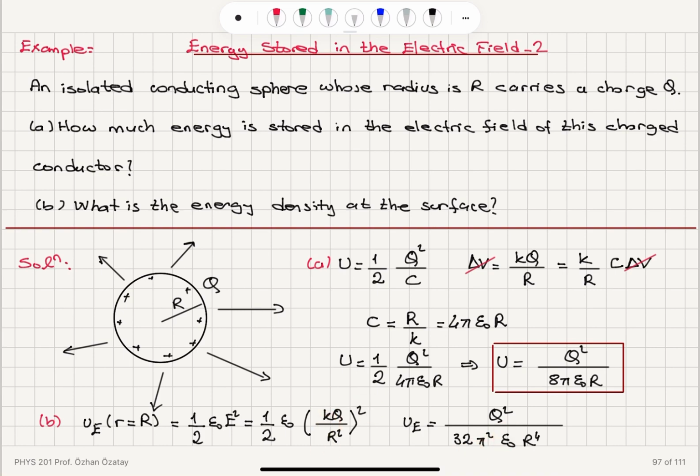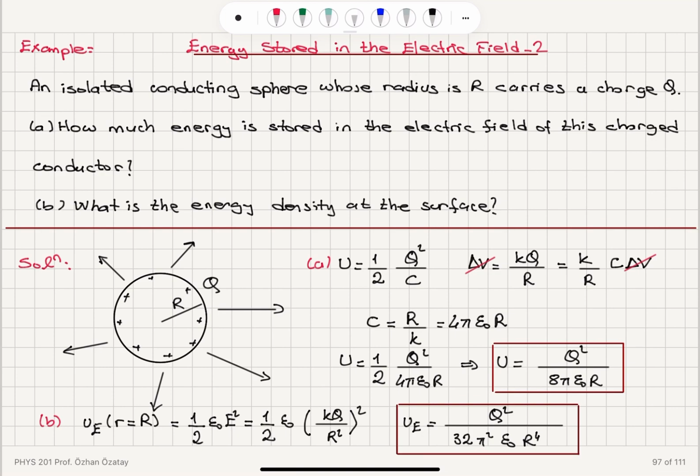And then we have epsilon 0 squared. But the epsilon 0 from the energy density will get rid of the square here. So there will be an epsilon 0 at the bottom. And r squared will give us r to the fourth power. So the energy density at the surface is Q squared over 32 pi squared epsilon 0 r to the fourth power.